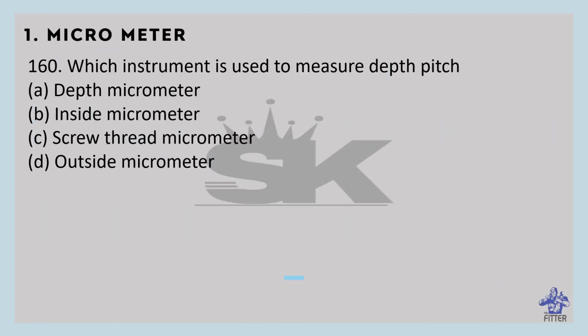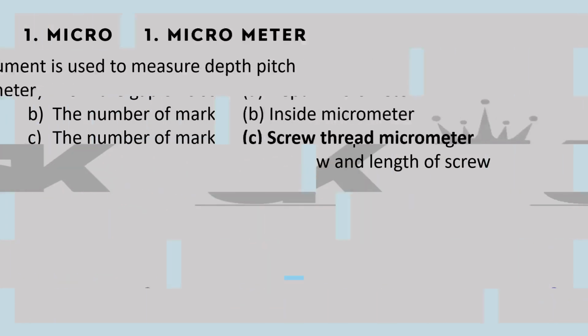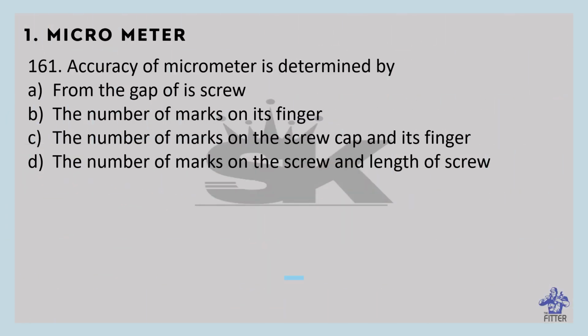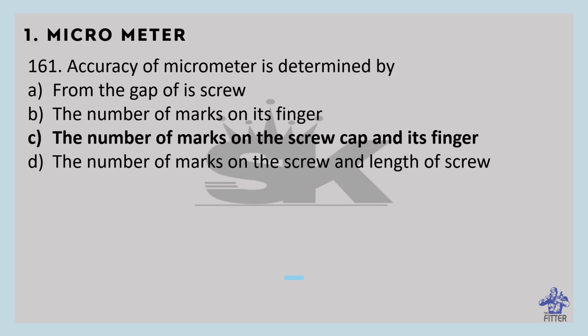Which instrument is used to measure depth pitch? So the screw thread micrometer is used to measure depth pitch. So, option C. Okay. The accuracy of a micrometer is determined by the number of marks on the screw cap and its finger.